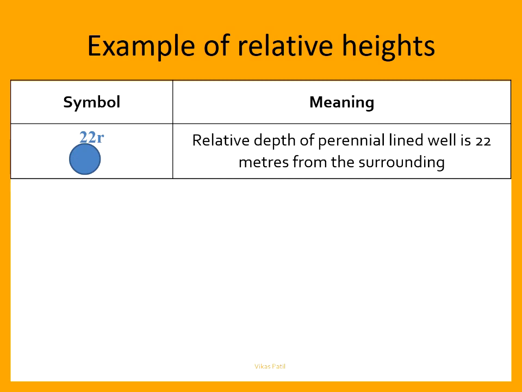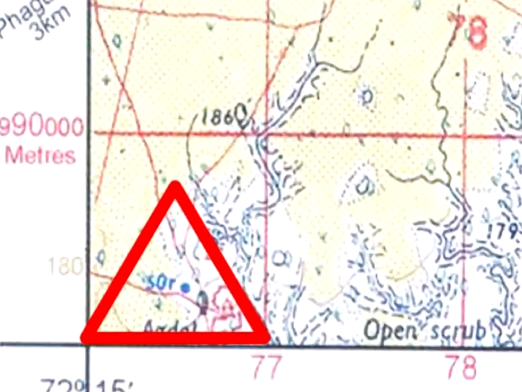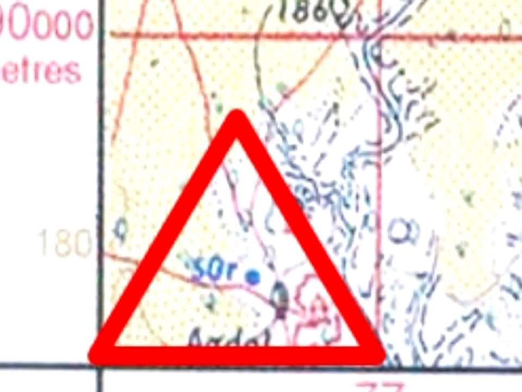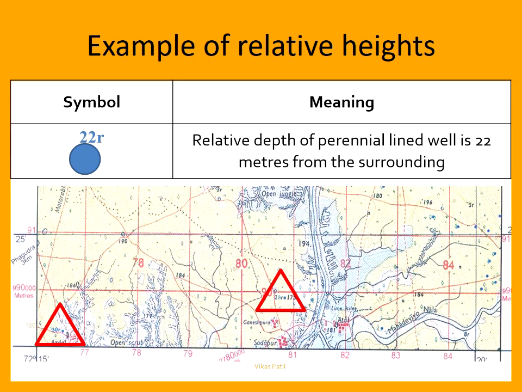So the relative depth of perennial lined well will be 22 meters from the surrounding. Remember, it's the depth, we cannot have height of the well. Let's look at a couple of examples here. You see 50R along with the blue dot and 21R along with the blue dot here. So they represent the relative depth of the perennial river.